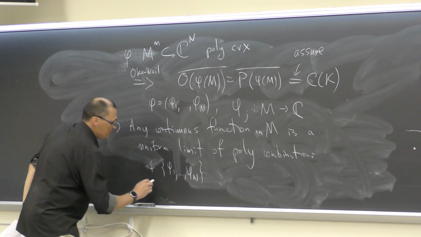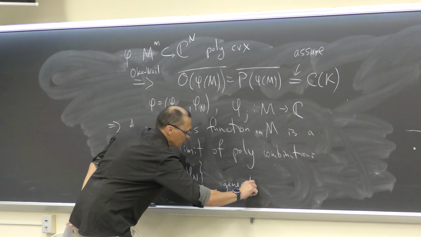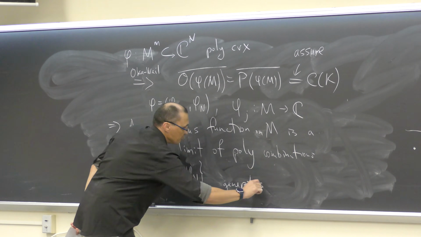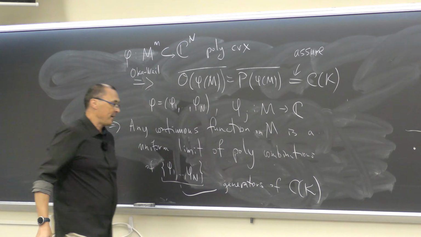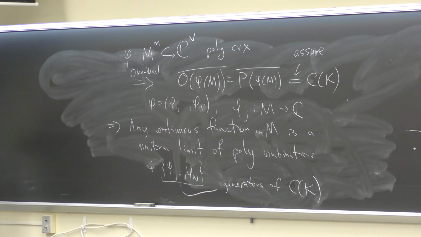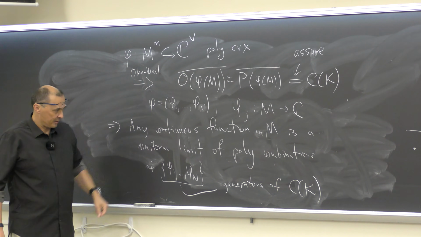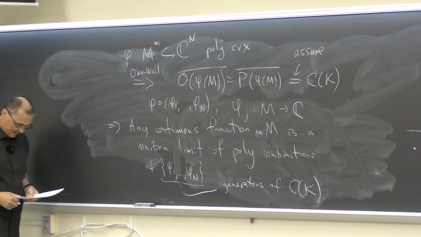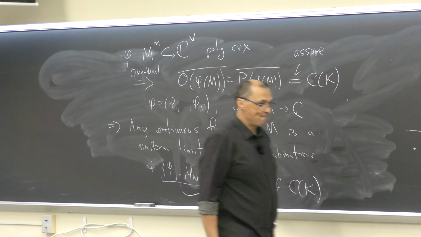And so we can call these generators of the space of complex valued continuous functions. And we're looking for smooth generators in this case.